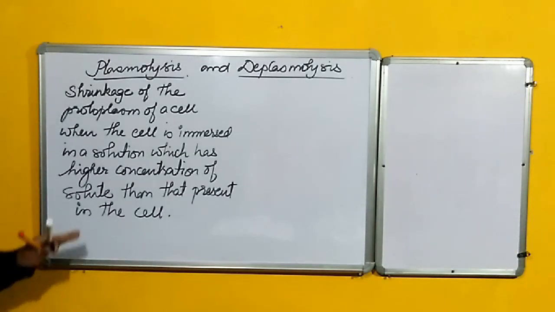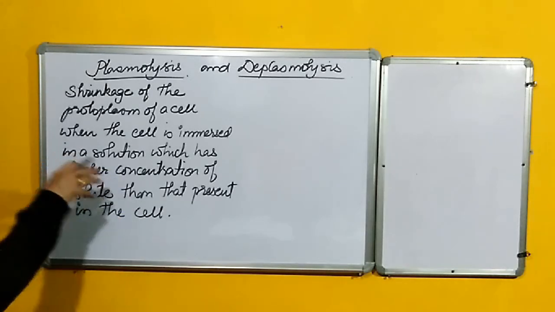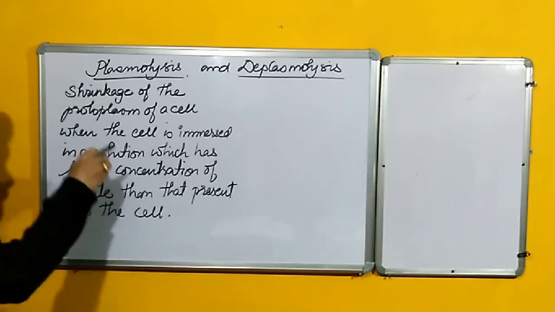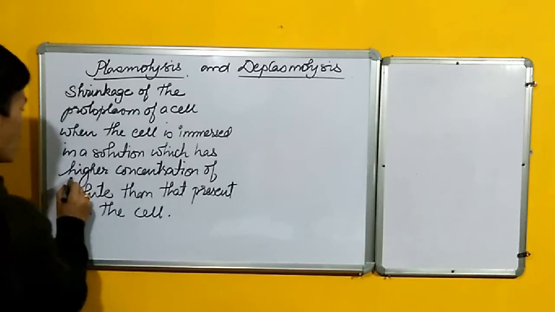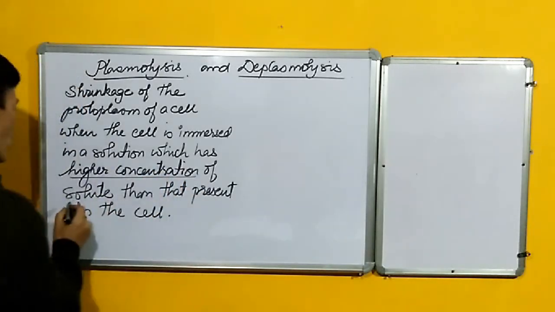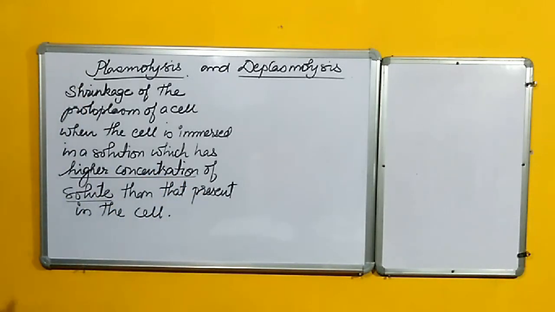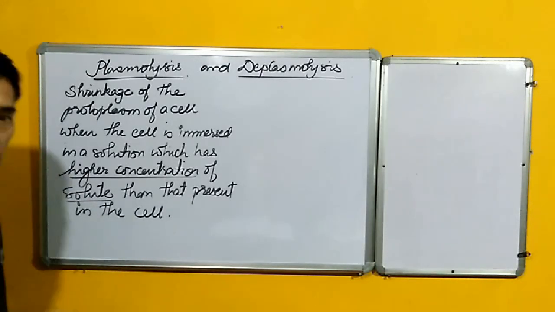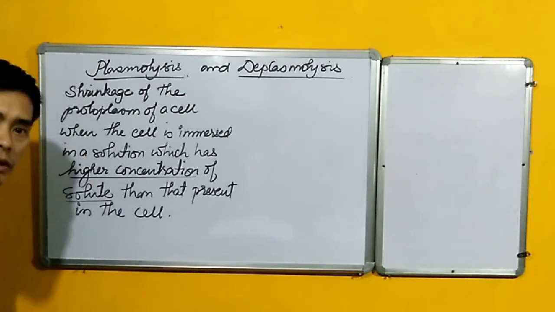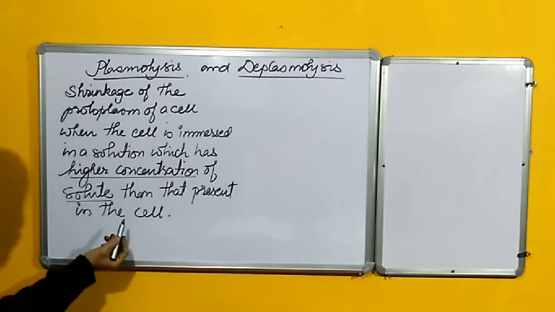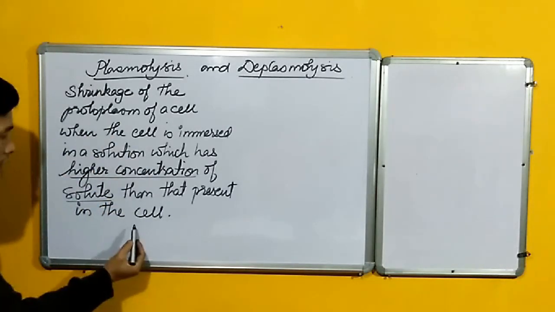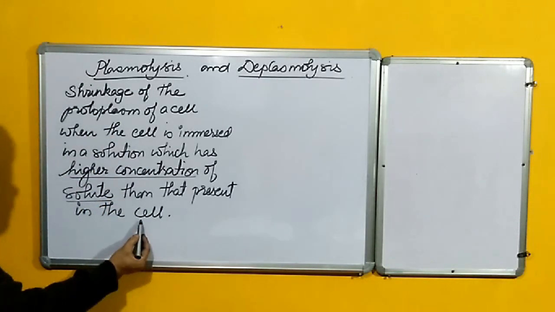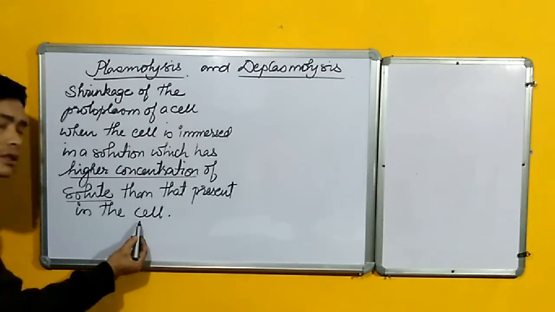This means the solution in which the cell is kept has a higher solute concentration, which means water will move from a region of lower solute concentration to a region of higher solute concentration. Comparatively, the cell has lower solute concentration.